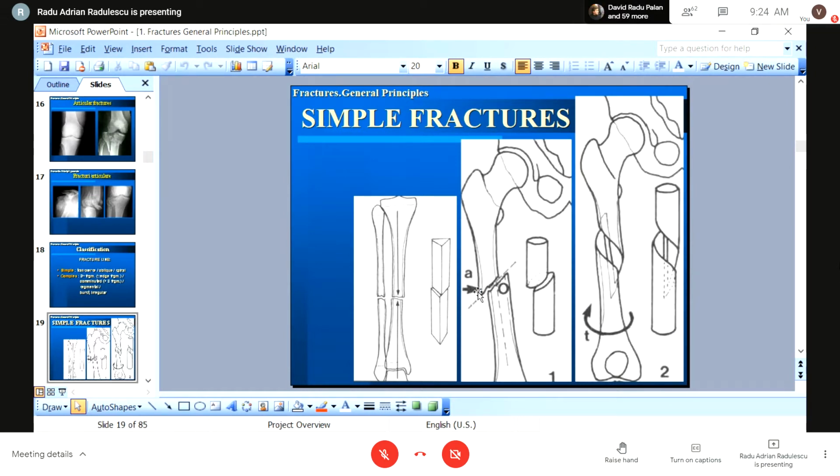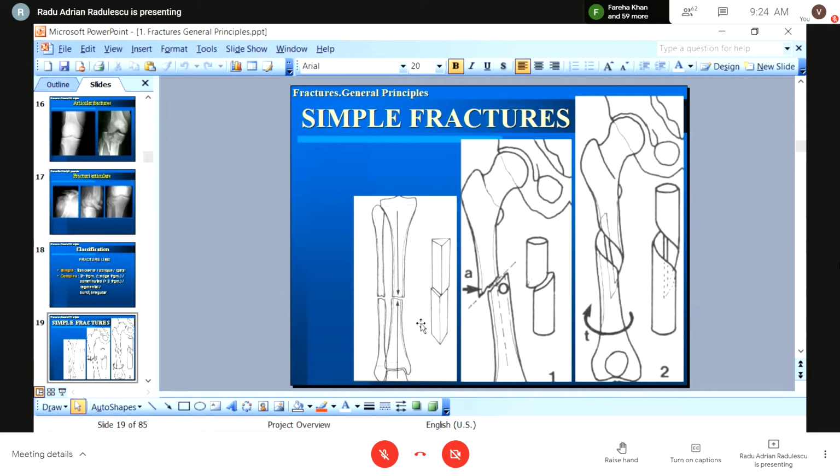Whatever the treatment will be, even if we put the patient in a cast or the patient will undergo surgery, for example, by intramedullary osteosynthesis, then due to the fact that we have this transverse fracture line, weight bearing will be in favor of union of the bone, because it will generate compression forces at the level of the fracture line.